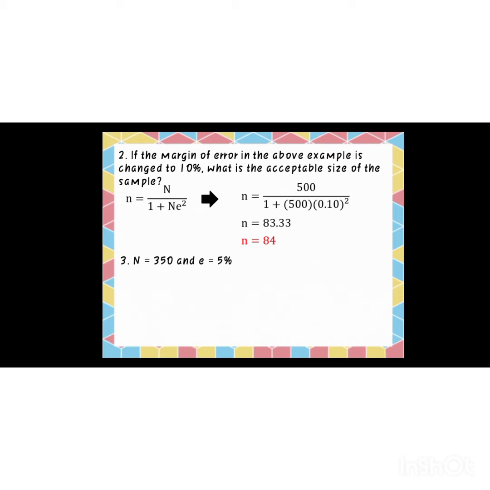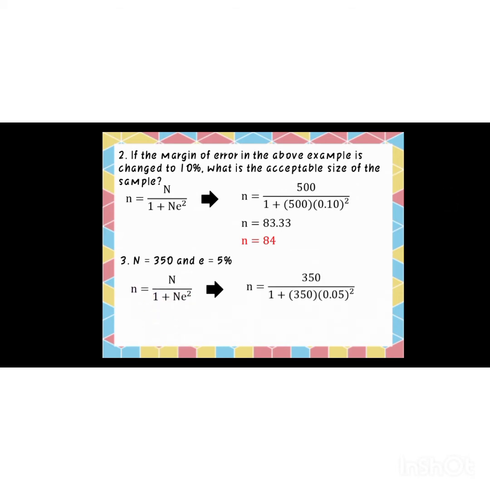Okay, so let's have another example. Try nyo po itong i-solve para maintindihan nyo po. Substitute na lang po sa Slovin's formula natin. The population size is 350 and the margin of error is 5%, or for the decimal, we have 0.05.